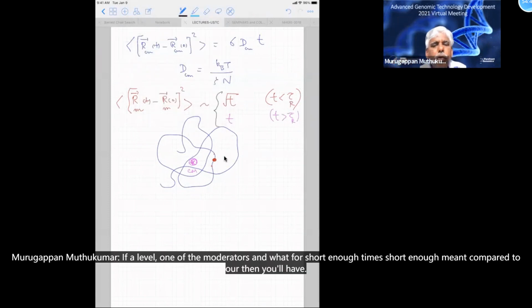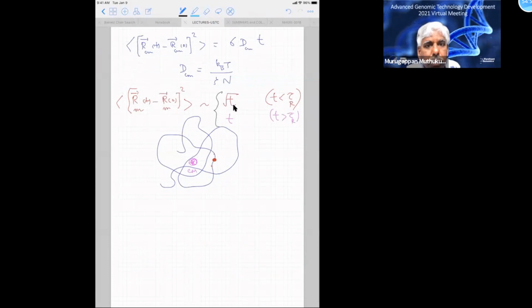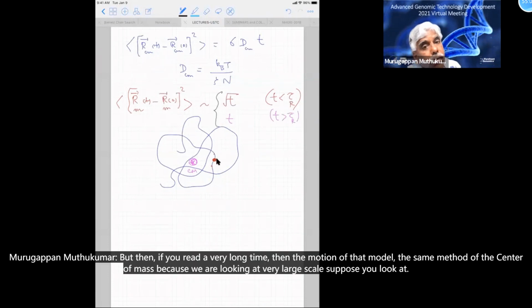If I label one of the monomers and watch for short enough times, short compared to tau Rouse, then you'll have this unique dependence on time. But if you wait a very long time, then the motion of that monomer is the same as that of the center of mass, because you're looking at a very large scale.